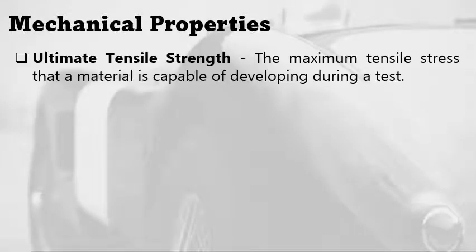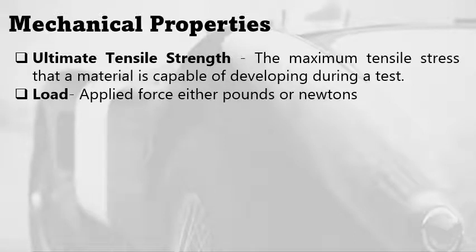The mechanical properties that can be measured using the tensile test are the ultimate tensile strength, which is the maximum tensile stress that the material is capable of developing during a test. We also have the load, which is the force applied, either in pounds or newtons.